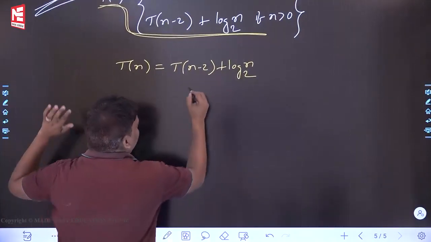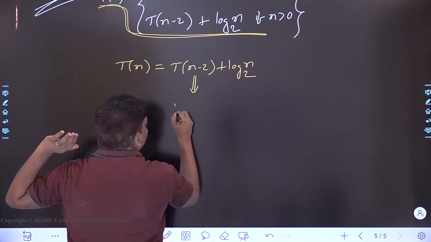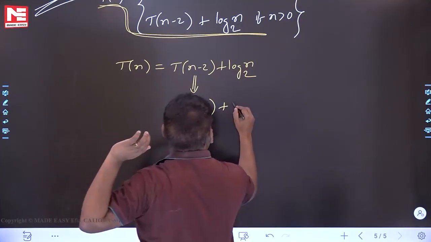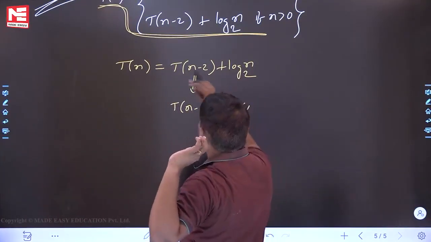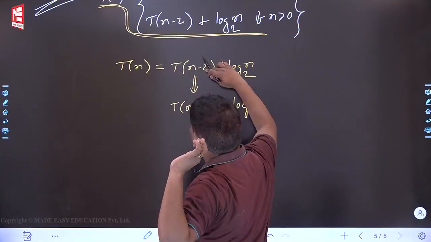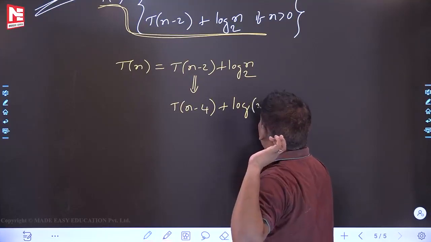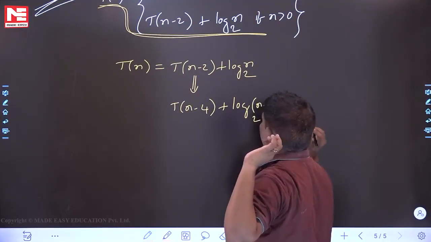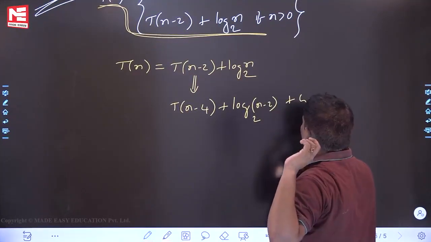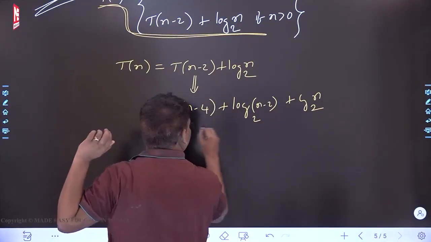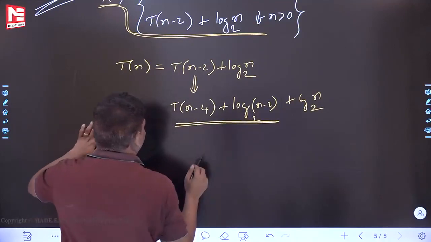Let's substitute further. What is the Tn minus 2? Tn minus 4 plus log, see this one, n is there, minus 2 here, so log n minus 2 base 2, plus whatever log n base 2 was already there, the same thing, because of this one came, the remaining things are as they are.